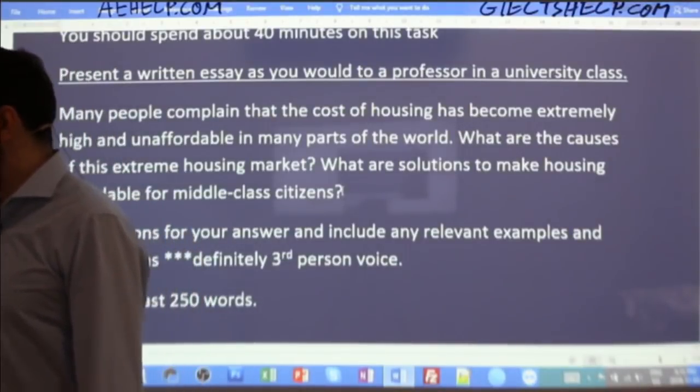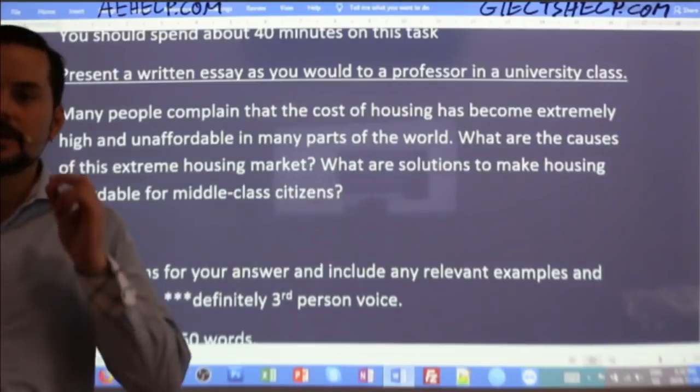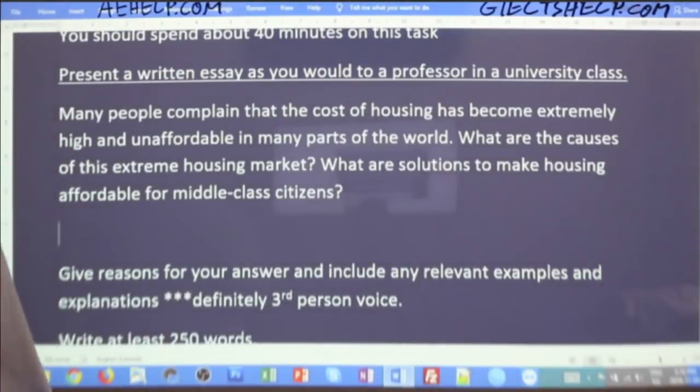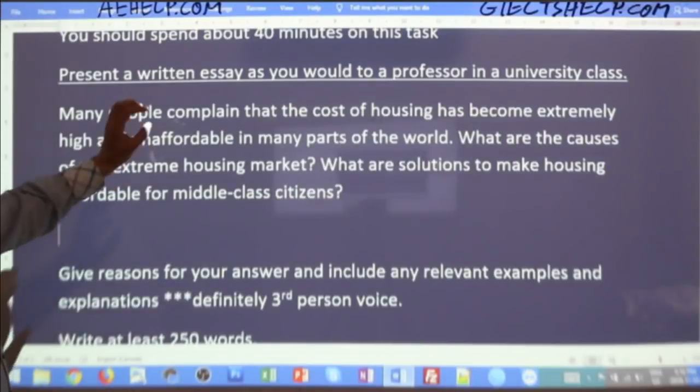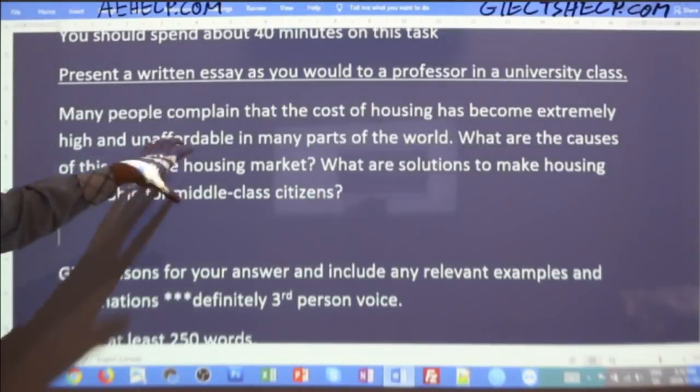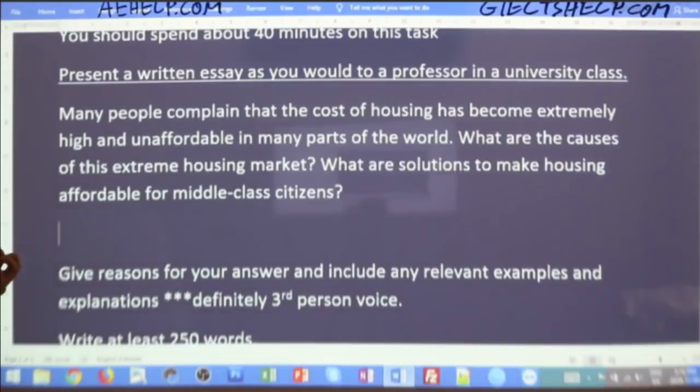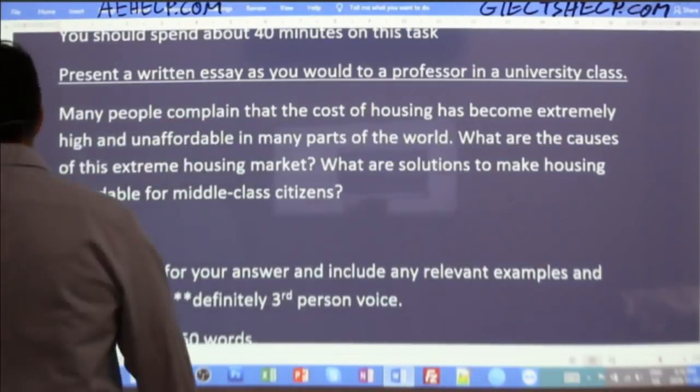Step number 1 is always paraphrase the question. So write the question in your own words. That way you know you understand the question completely and clearly, and you get some good vocabulary to use in your essay. So many people complain.